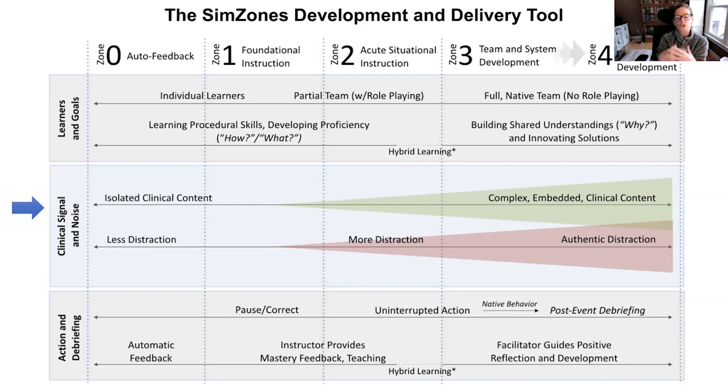But we can't transfer things and go, oh, well, they've already had a zone 3, so we're just going to do zone 3 again. And yet this time we're talking about delivering bad news. We've got to go back to the beginning. We have to get them ready to be in foundational instruction. So they need the didactic and to have some familiarity with auto feedback.